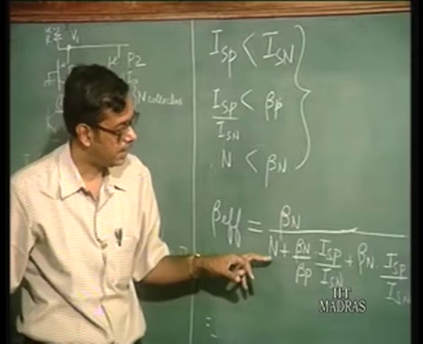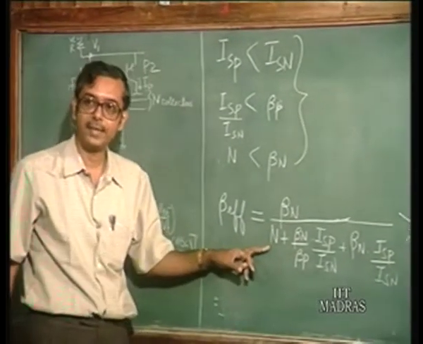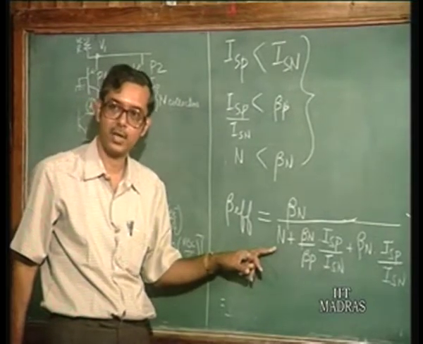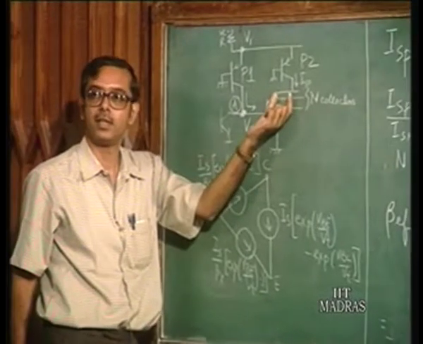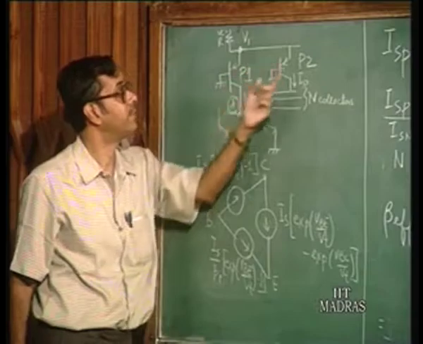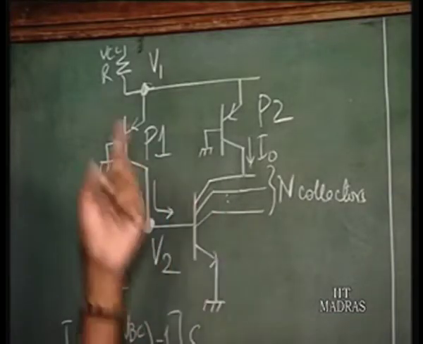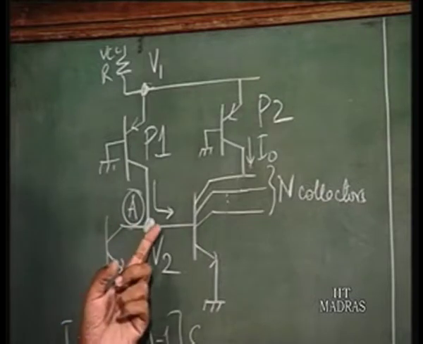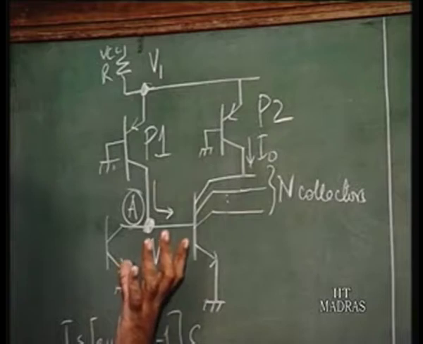So, beta n by n, it is quite obvious that because you have n collectors, the collector current is n times. Again, if you had the same current sources I naught, the collector current would be n times I naught, and this one would be I naught. Beta has to be greater than n for the transistor to go to saturation.